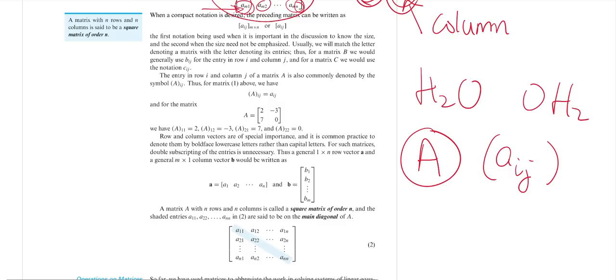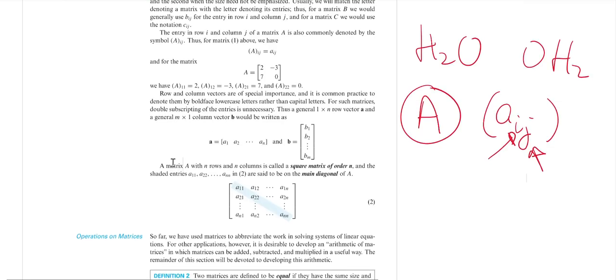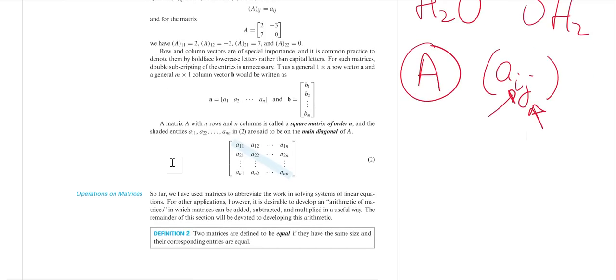The small letters i and j here refer to the position: i is the row, and j is the column. Now, sometimes a matrix can be a square matrix, which means it has the same number of rows and columns. In that case, we can talk about the diagonal of the matrix. The diagonal of a square matrix is going to be here: these are the entries A11, A22, A33, all the way to Ann.